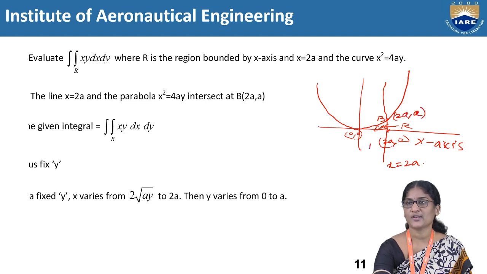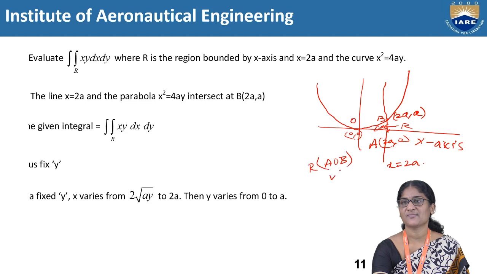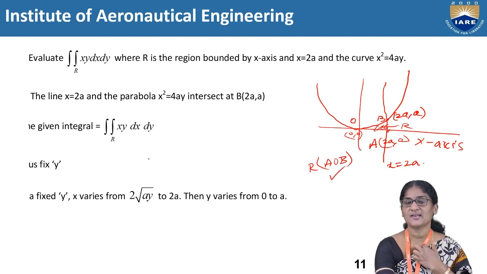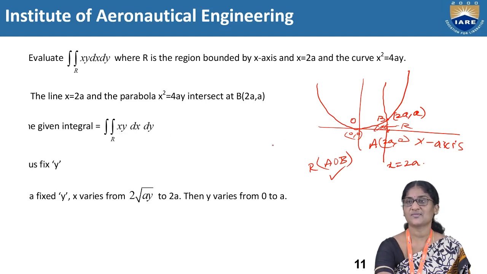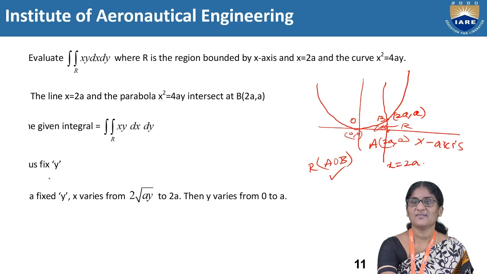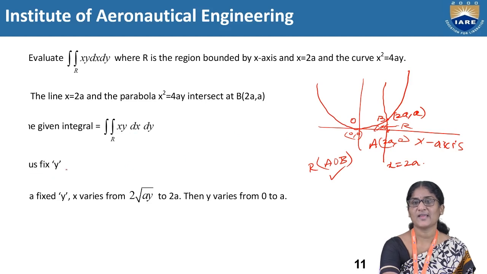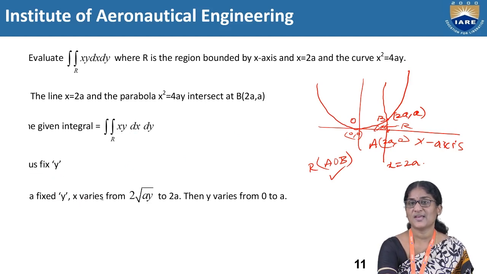This is point A and this is point O. So the region of integration is AOP. Now the given integral is double integral of x into y. It is a simple integration, but the limits are very complicated. Let us fix y, and x varies from 2 root ay to 2a.